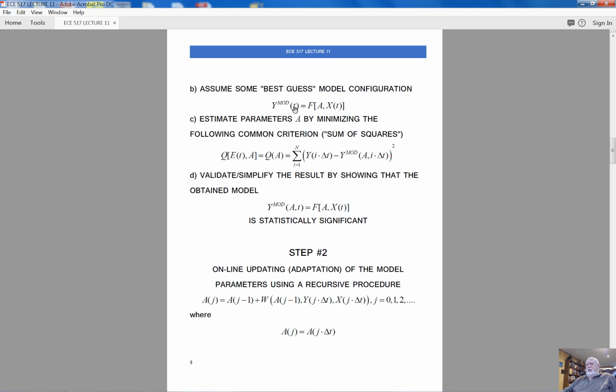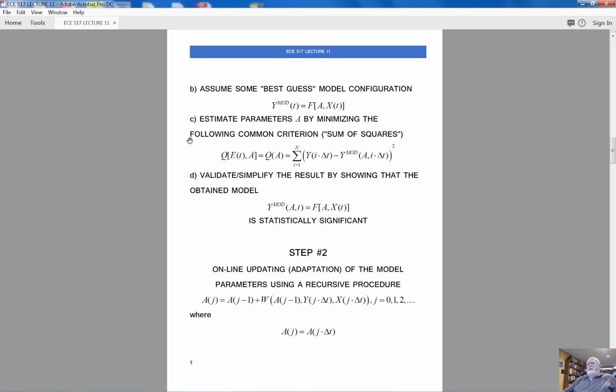The output of the model as a function of time is some function f of parameters A and observed input vector. After the model configuration is defined, we're performing section C. We have to estimate parameters A by minimizing the criterion.